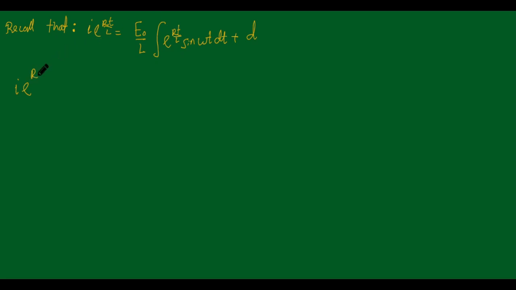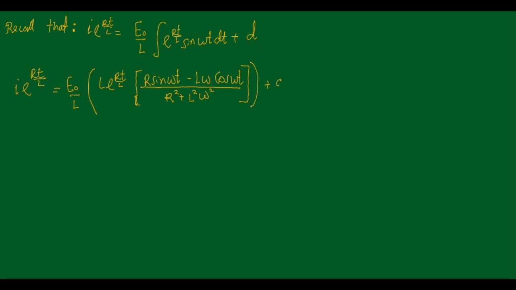So you have I e raised to power Rt divided by L to be equal to E naught divided by L multiplied by L e raised to power Rt divided by L multiplied by R sine omega t minus L omega cos omega t divided by R squared plus L squared omega squared plus D, which is a constant.